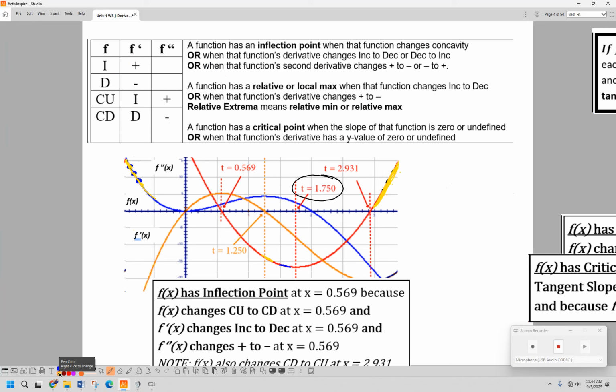Okay, the first thing you said was accurate. The red graph is f double prime. The slope of f double prime is known as f triple prime.